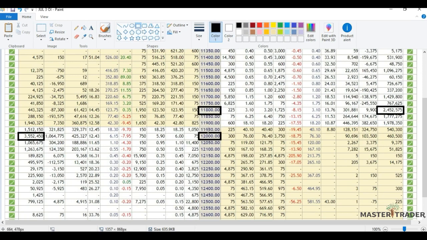So this day Nifty was trading near 11,900. So I want to look at the nearby 3-4 strike prices, the at the money, which is what we call at the money call options.